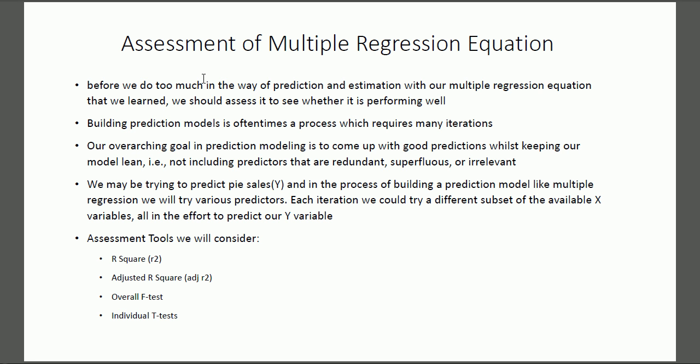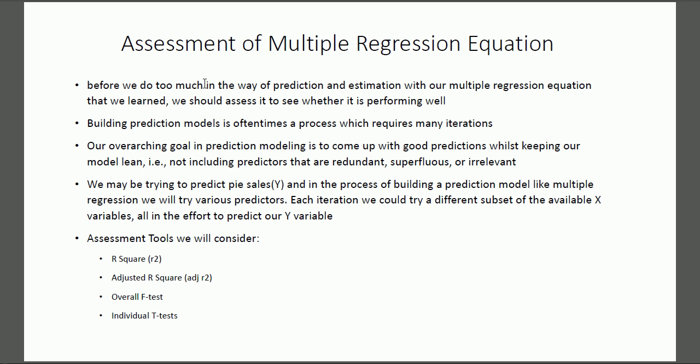And we don't want to include variables that have no logical connection to what we're trying to predict. We want a good prediction equation, but we don't want it to become too big, filled with too much fat, if you will, unnecessary independent variables.